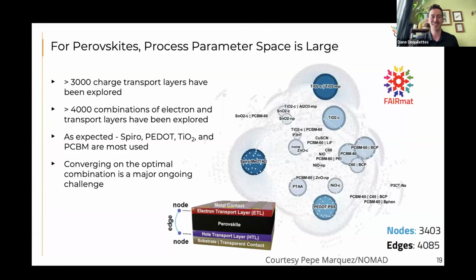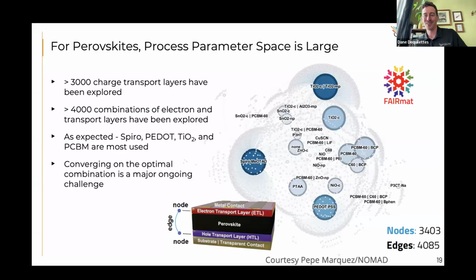So another complication, I've highlighted this complication of trying to understand the meaning of these PL maps and charge extraction and how they relate to power conversion efficiency. There's also a huge processing parameter space. And so, as we're trying to find the ideal set of materials in order to make the most efficient, stable devices, we've really explored the whole gamut.